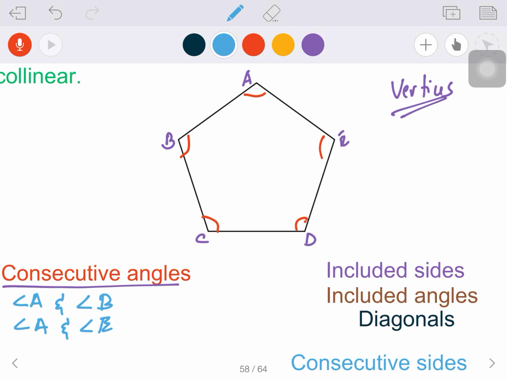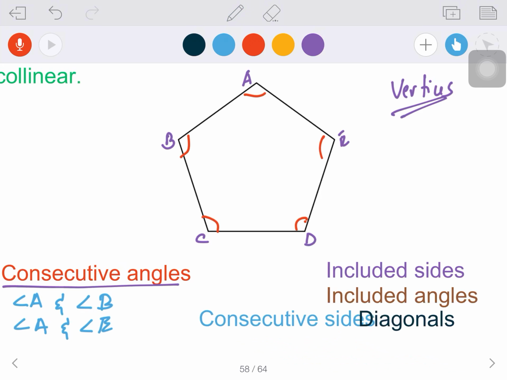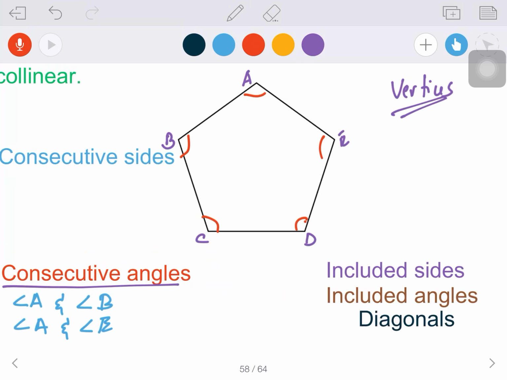Okay, what about when we talk about consecutive sides? Just like consecutive angles, this also means two sides that are next to each other. So, in our example, we have this side AB. What could be a side that is consecutive to side AB?